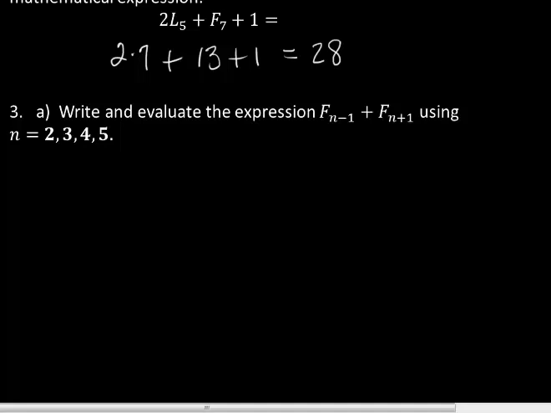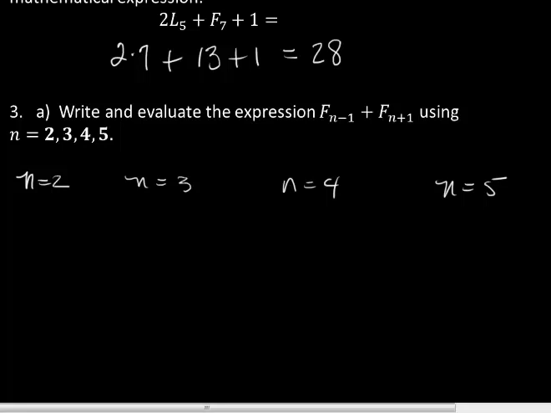The n minus first Fibonacci plus the n plus first Fibonacci, where, first of all, n equals 2. So I'm going to write n equals 2, and move over a little bit, put n equals 3, n equals 4, and giving myself some room to compute here, n equals 5.